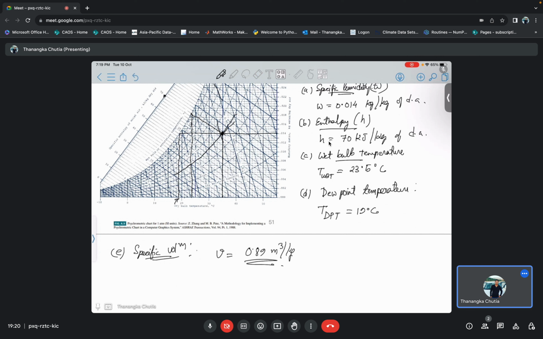Very simple question. In question number 1 we solved it by solving some equations analytically, but in this case we have solved it by using the psychrometric chart.